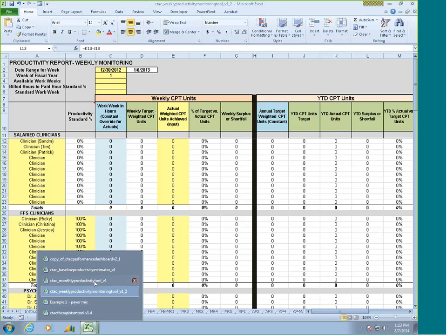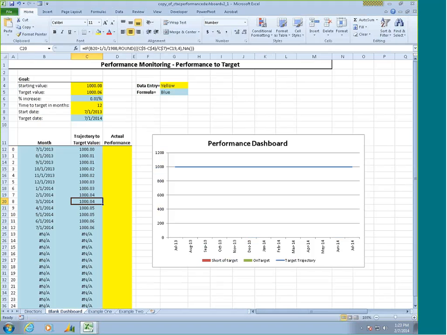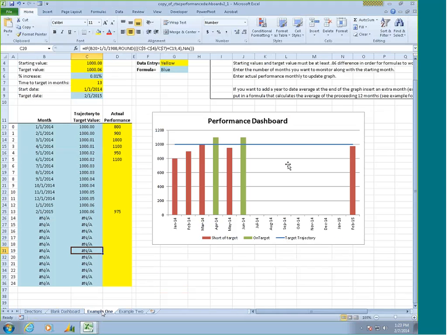The last one that I'm going to show you is what I call the performance monitoring dashboard. It's really a blank graph that you can use for two different purposes. In this example, you basically put your basic parameters in.